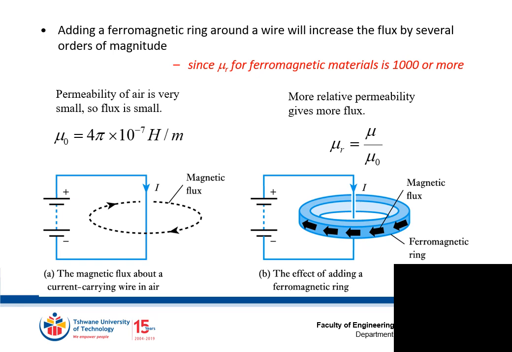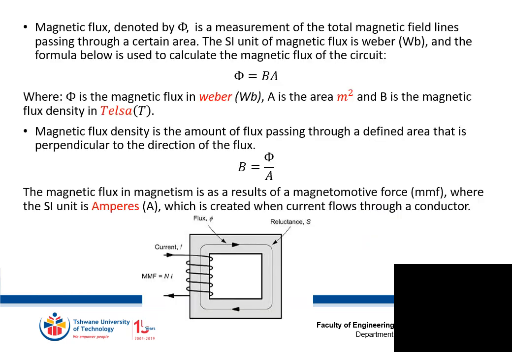The total permeability in a circuit we calculate by mu equals mu r times mu naught. Mu r is the relative permeability of the material that we are using, and mu naught is the permeability of air.